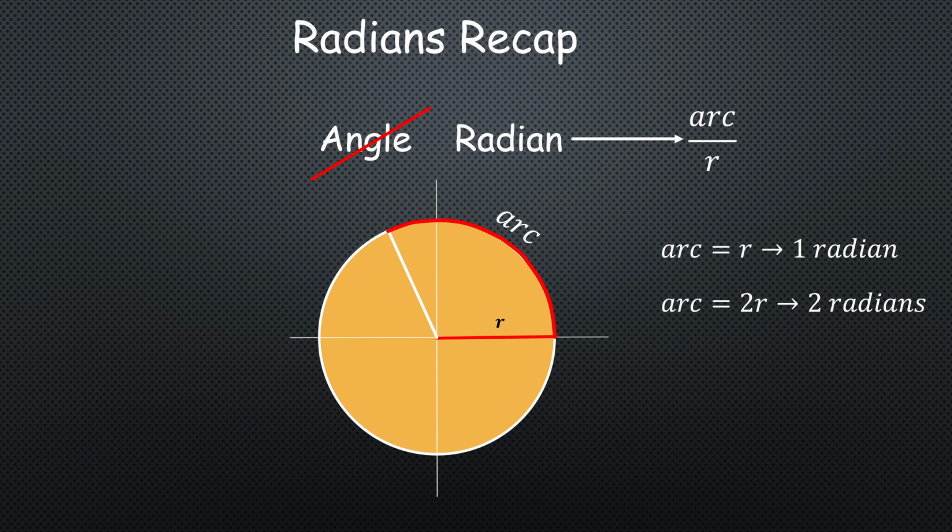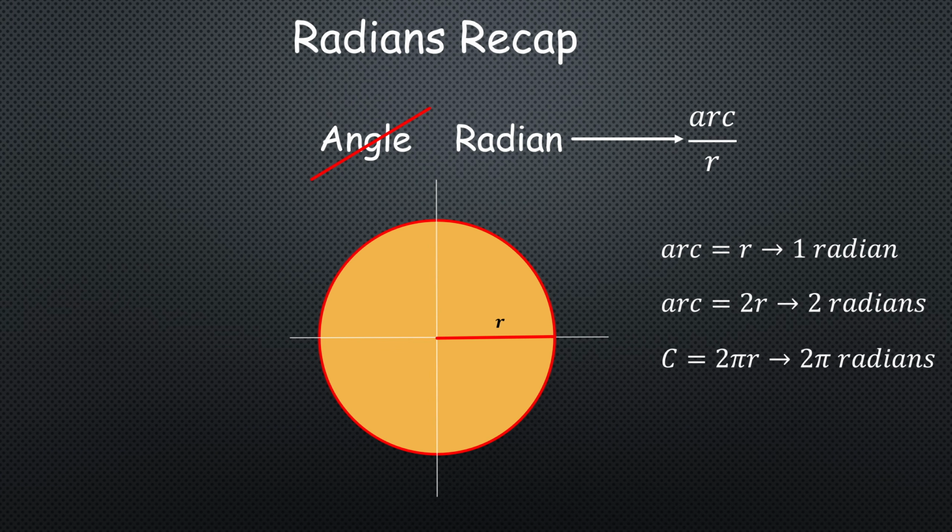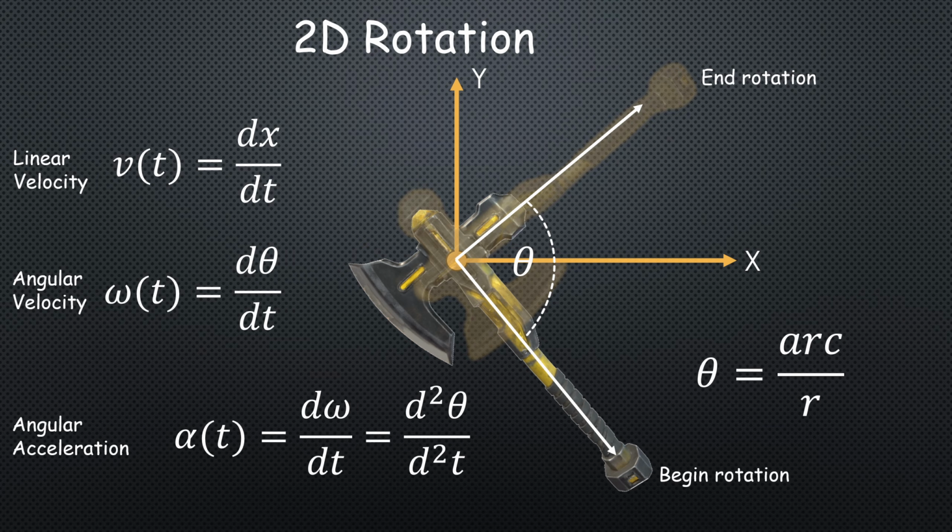How many radians in a complete circle? Well, the circumference of a circle is 2 pi radiuses. If 1 radian is when the length of the arc is 1 radius, then in a complete circle we get 2 pi radians. Since theta is specified in radians, we can write it as the ratio between the length of the arc and the radius.